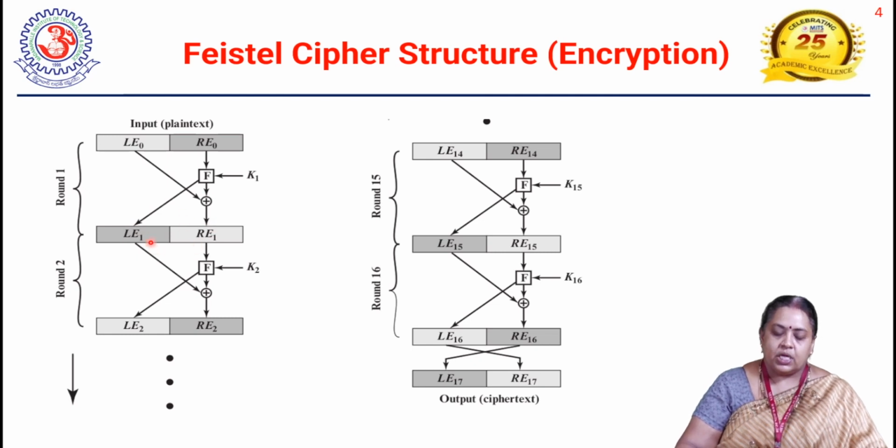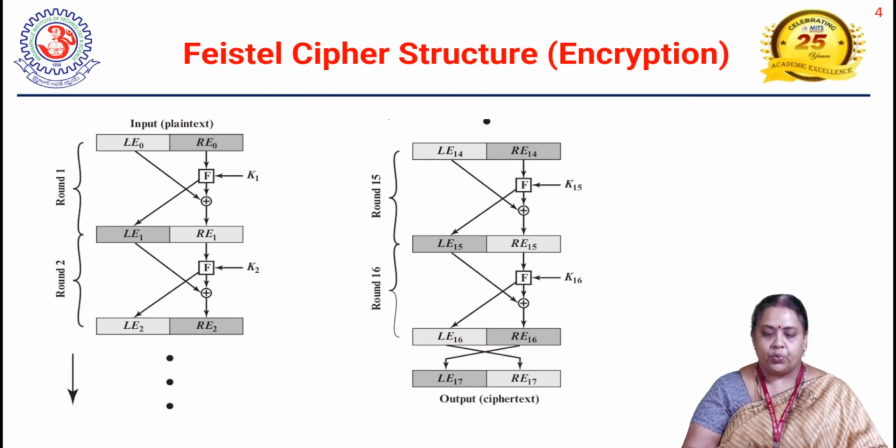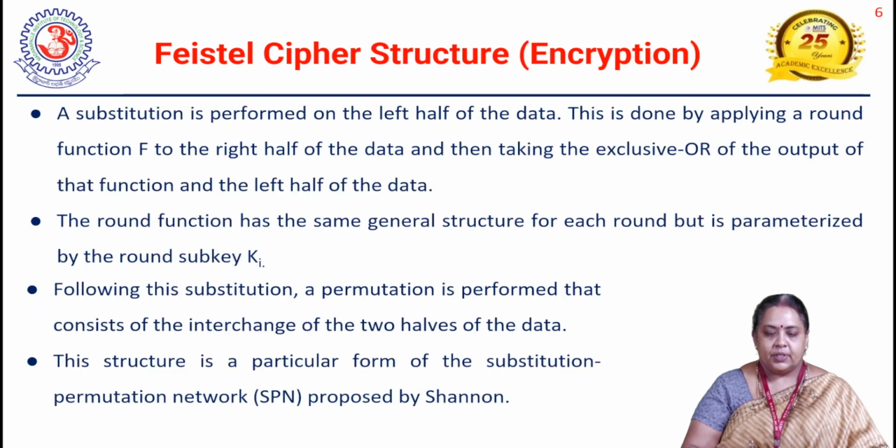The next round follows the same scenario up to the last round, that is the 16th round. In the 16th round we get the output, and this output has to be swapped in order to get the final output, which is called the ciphertext. That is the encryption process, and this structure follows the substitution permutation network proposed by Shannon.